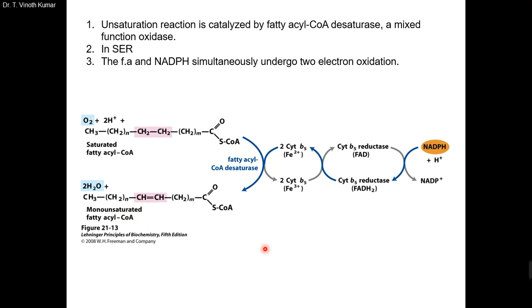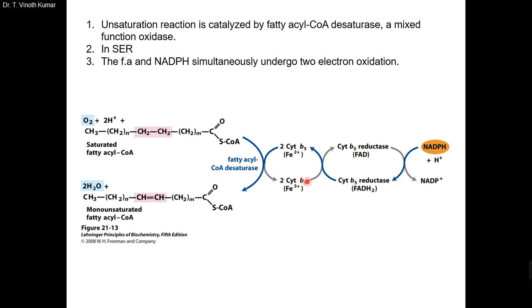In this case, cofactors are involved. The first one is NADPH plus H plus. This will act on cytochrome B5 reductase, converting FAD to FADH2. Now the FADH2 receives 2 hydrogens from NADPH plus H plus, and FADH2 is a very important component of the electron transport chain, the second complex. This FADH2 is further converted into cytochrome B5 reductase by FAD, donating 2 hydrogens to cytochrome B5.